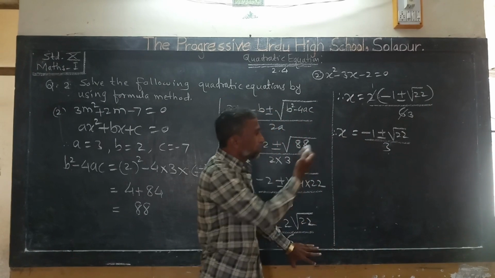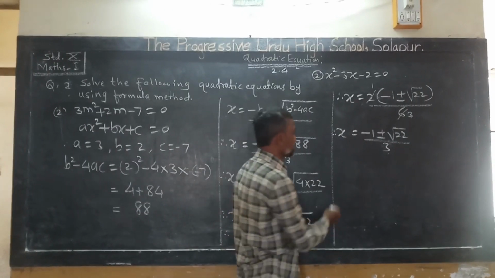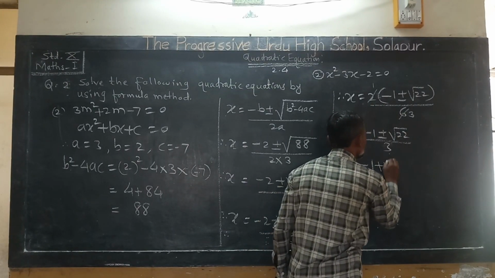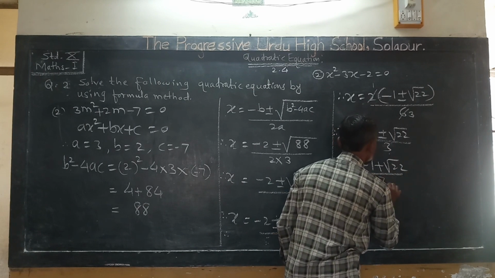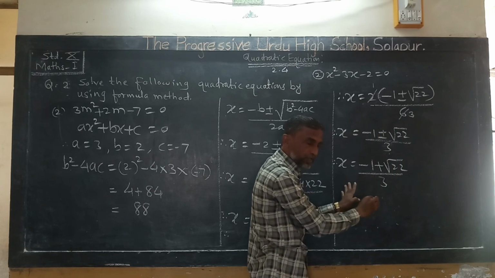Now we got the solution of x. Write it separately. You will get 2 solutions. Therefore x is equal to minus 1 plus root 22 upon 3. This is the first solution.